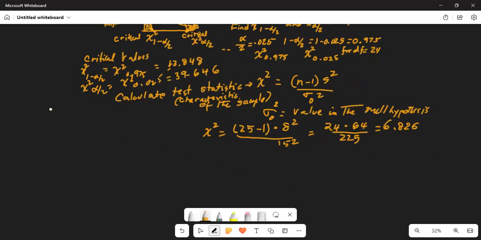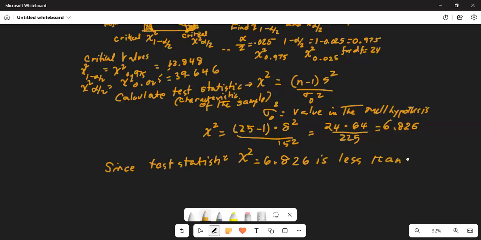Okay. Since test statistic chi-square 6.826 is less than chi-square 1 minus alpha by 2, which is, remember, equal to 13.848.